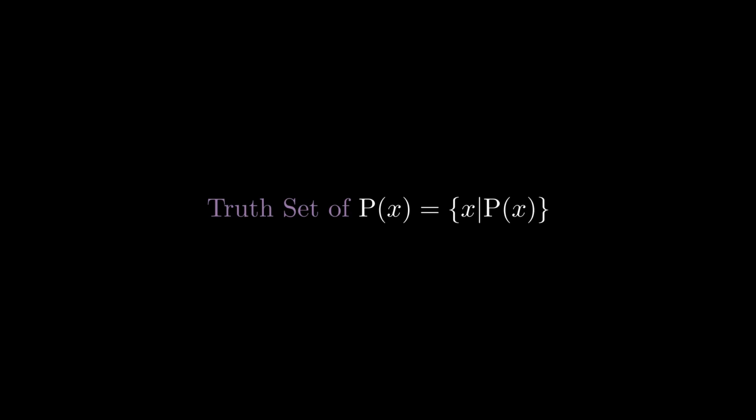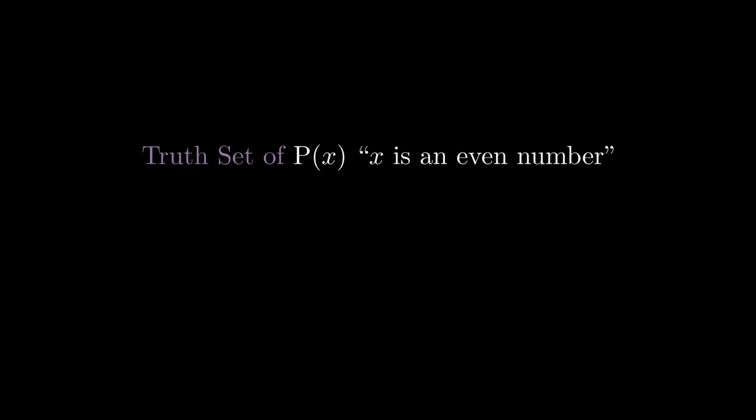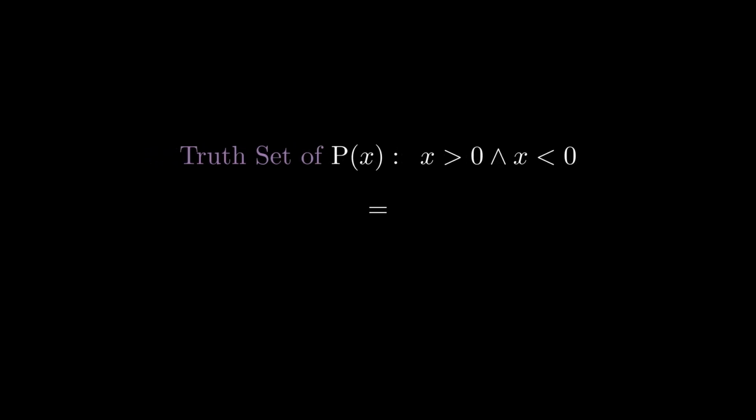In other words, it is the set of all x that makes the statement p of x true. So the truth set of the statement x is an even number is the set of all even numbers, which goes on to infinity. If a statement is false for all x, then it can't possibly have anything in its truth set. Thus it gives us a set with nothing in it, called the empty or null set, denoted with an O with a line through it.